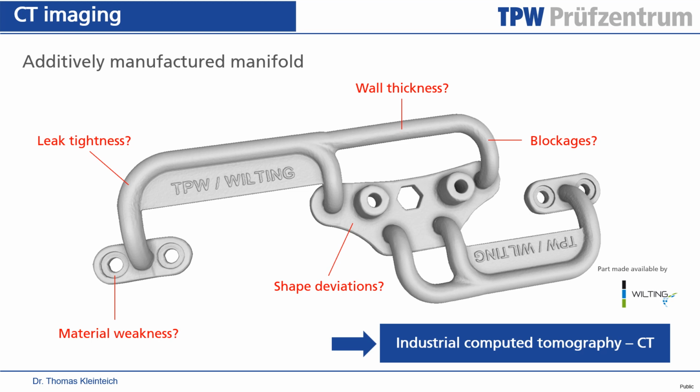My presentation will be about CT imaging, and I will explain how the method works. I will talk a little bit about limitations of the method, and finally show how these questions that I just printed on the screen can be answered by using industrial computed tomography, or shorter CT imaging.